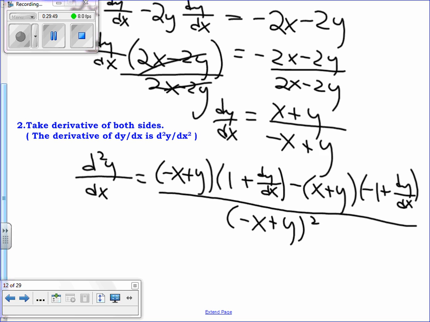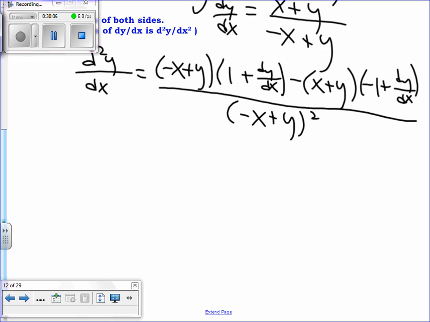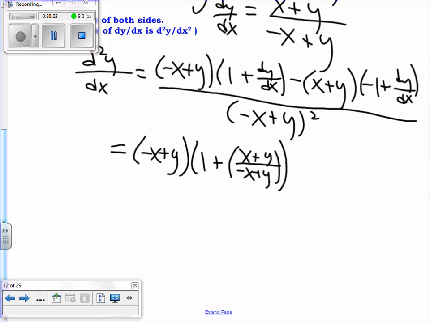Now, if they wanted us to, we have to replace all the dy dx's with x plus y over negative x plus y. So everywhere I see it, I have to write in x plus y over negative x plus y, minus x plus y times negative 1 plus x plus y over negative x plus y.